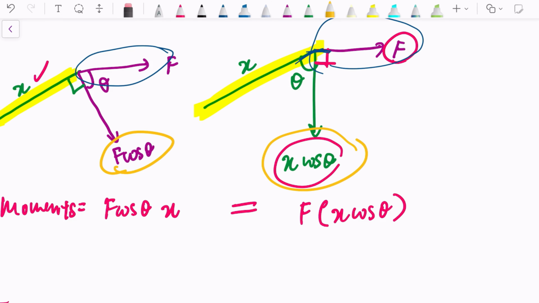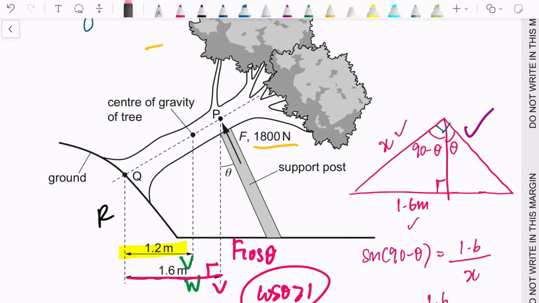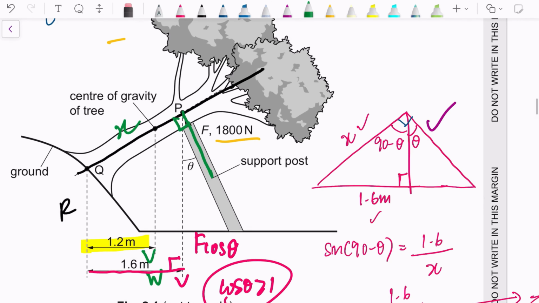Okay, in this case, let me erase this. This is your axis, and the given force is already perpendicular to the axis. So you shouldn't resolve it further. You should find which length is perpendicular to the force. Let me repeat again. When the force is already perpendicular to the axis, you shouldn't resolve your force further.